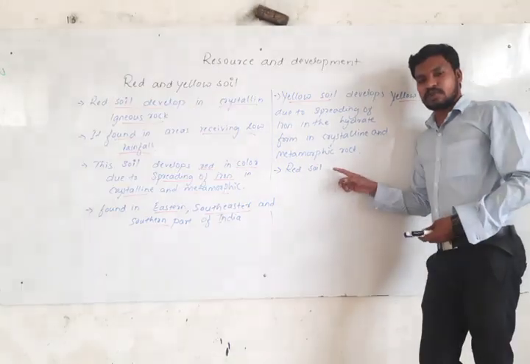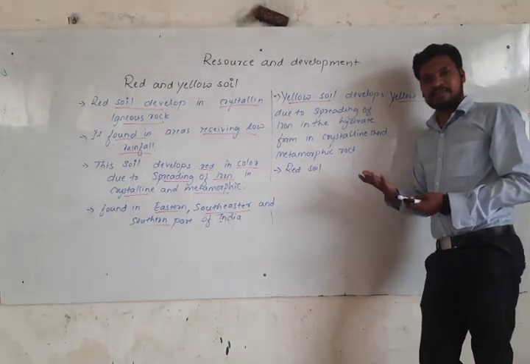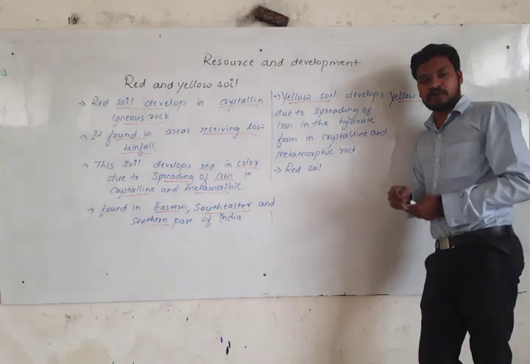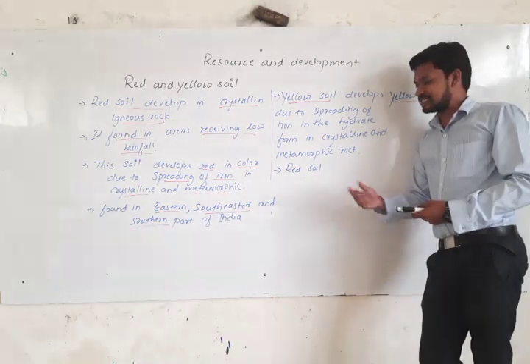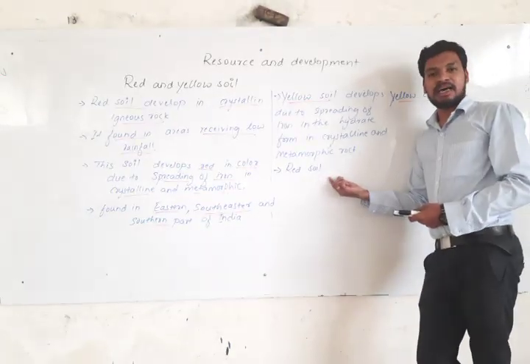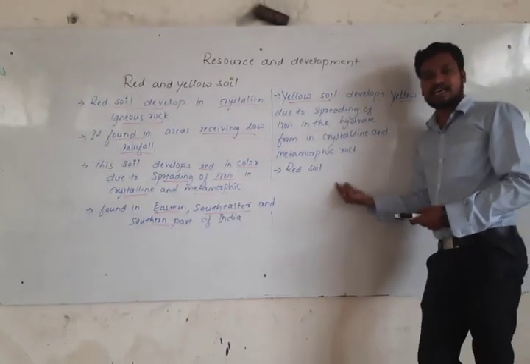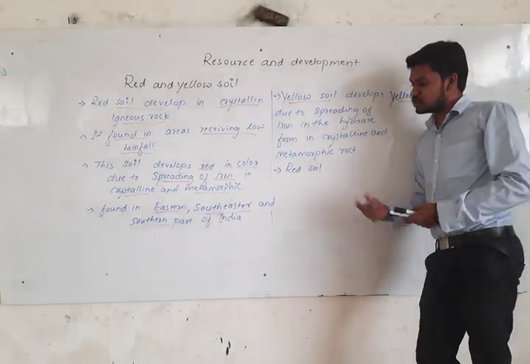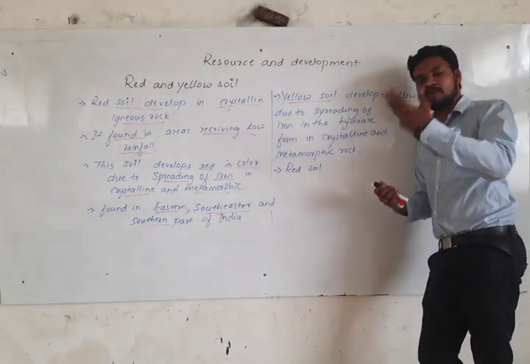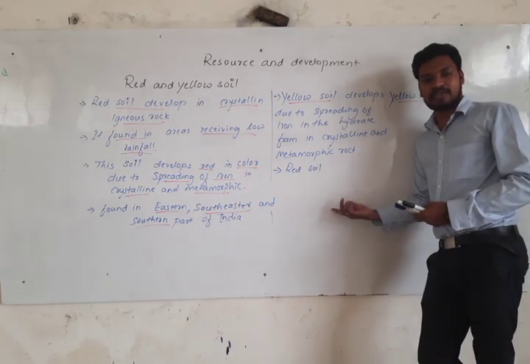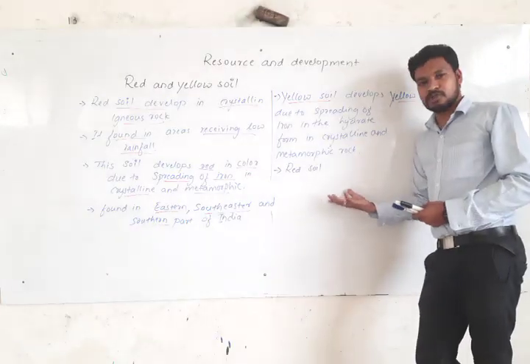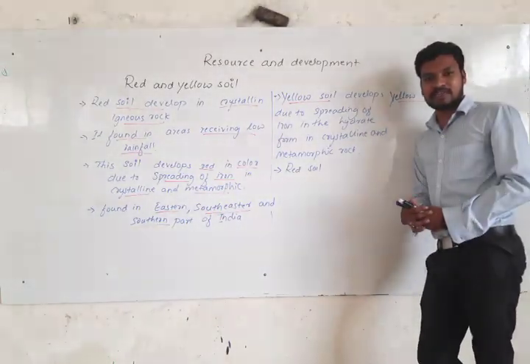Because this red soil is exposed to high temperature and is found in areas which receive low rainfall, it will not have much humus and the fertility of the soil will be less. So the chemical component of red soil is less compared with the alluvial soil. This red soil is the third most important soil in India after the alluvial soil and black soil. It covers most of the land surface after these two.